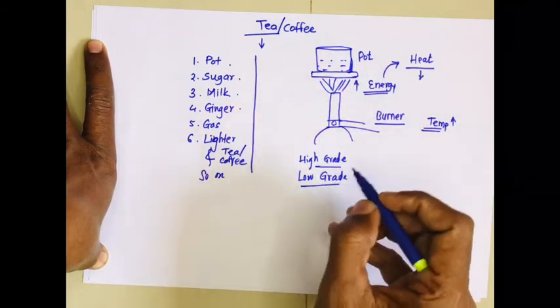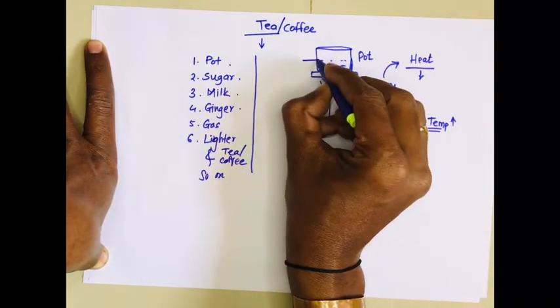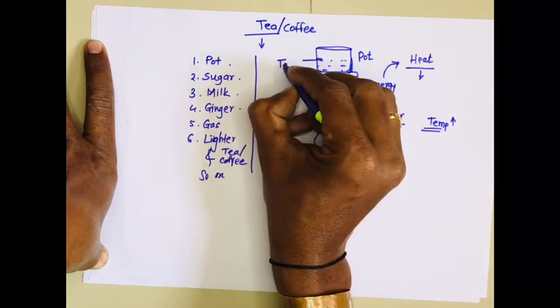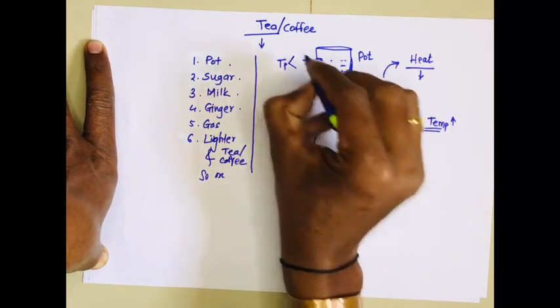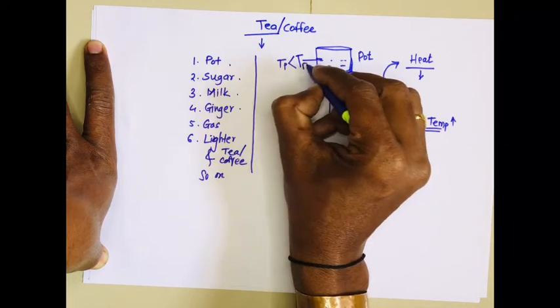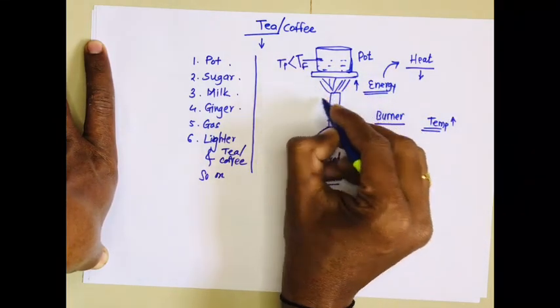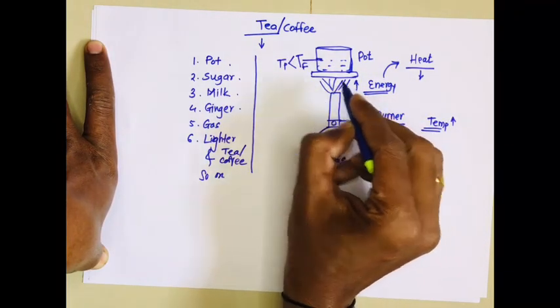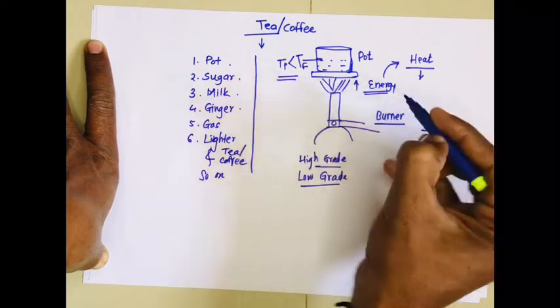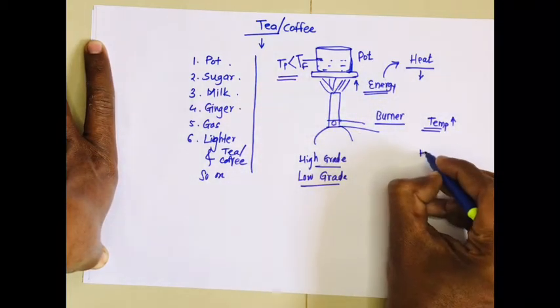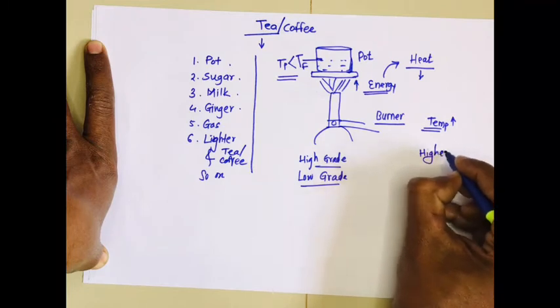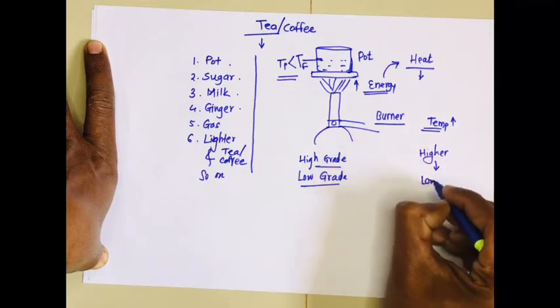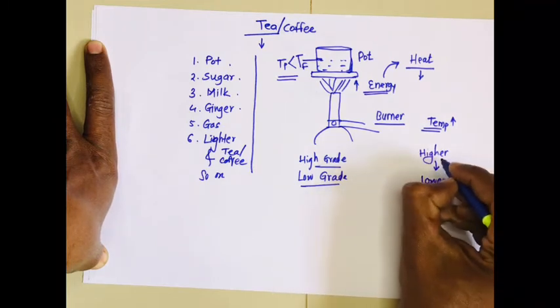As the temperature of this pot is lower than the temperature of the flames produced as a result of the burning process, we know that energy always flows from higher towards lower. That might be any form of energy.